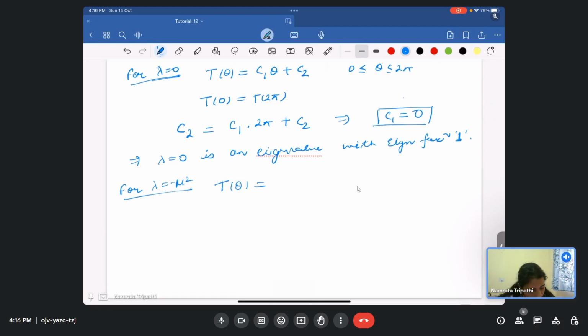After putting minus mu square, you will get plus minus iota mu. Okay, so C1 cos of mu theta plus C2 sin of mu theta. Fine. Now apply the boundary condition.